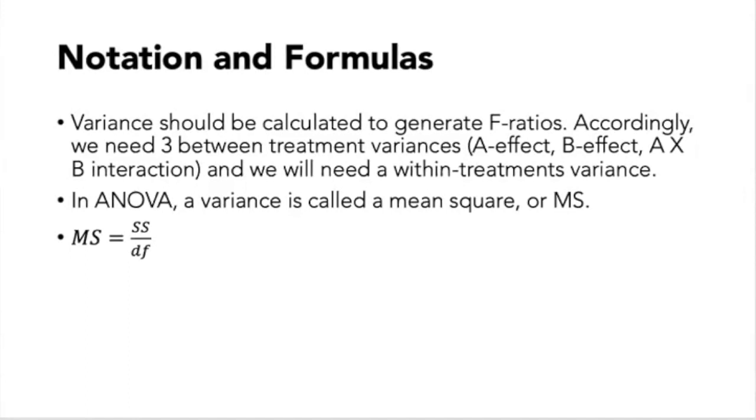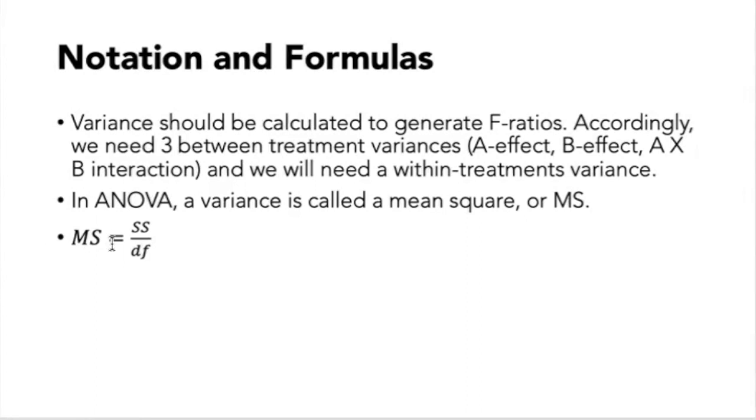To generate the variance required for our ANOVA calculations, the variance is known as mean square, or MS. For this, you would require sum of squares and degrees of freedom.